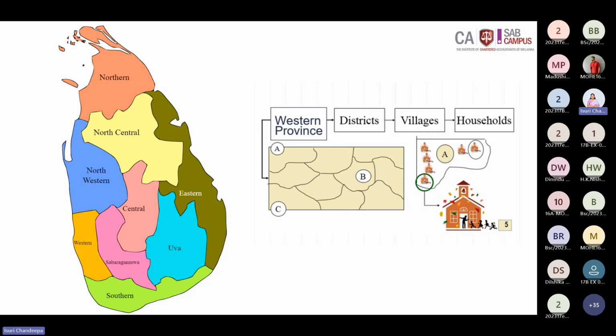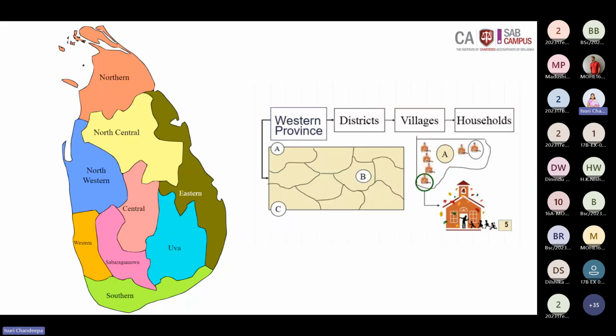For example, SMEs in Sri Lanka. First cluster. What is the first cluster? Provinces, right? How many provinces do we have? We have 9 provinces.